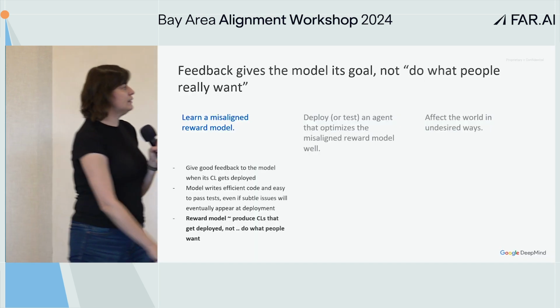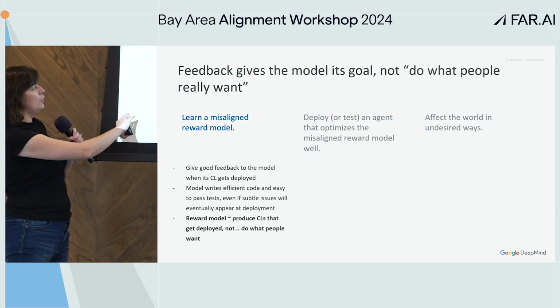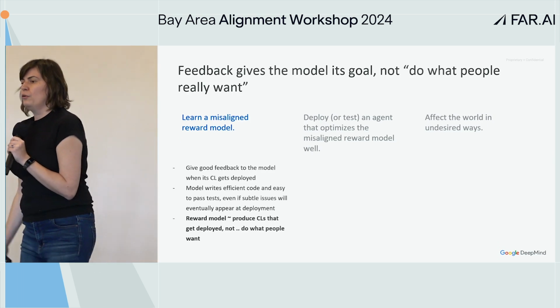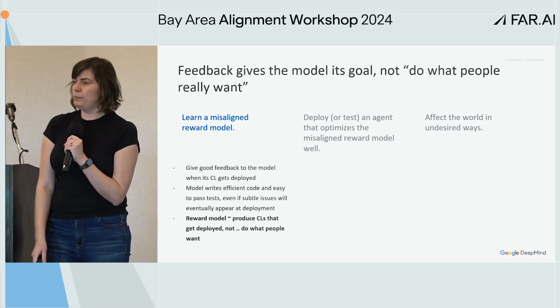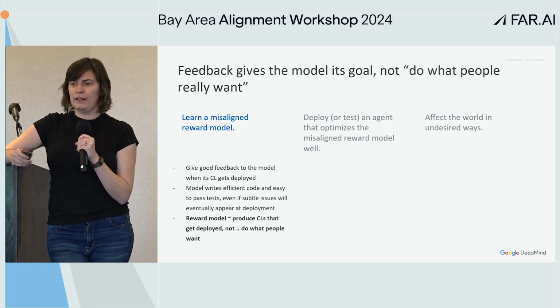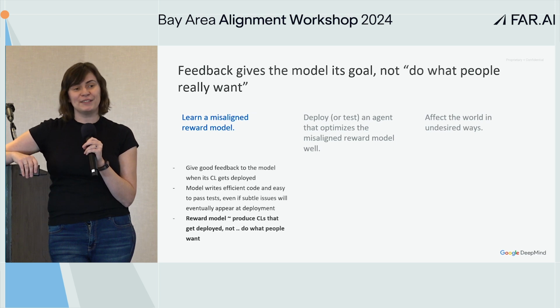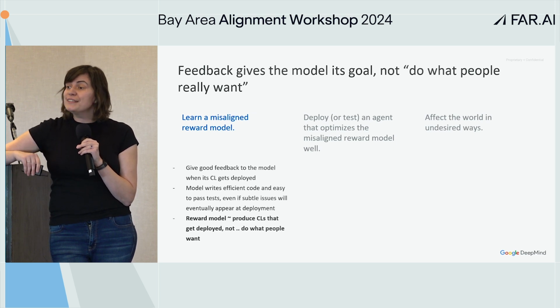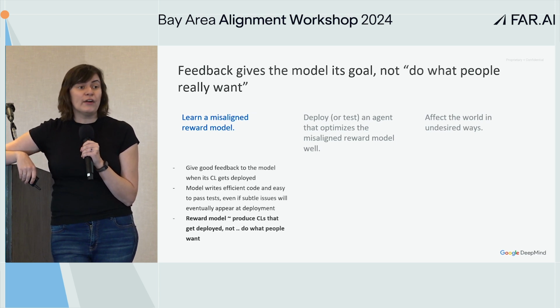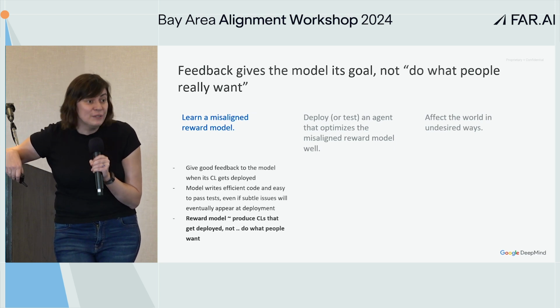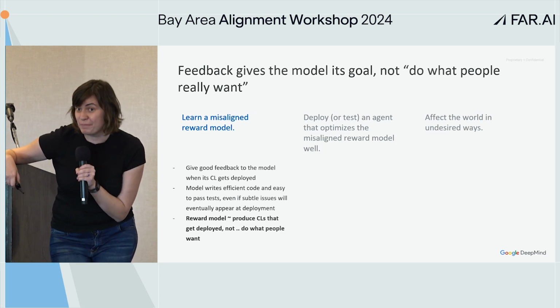So the reward model ends up with getting deployed CLs as a good thing, not the real thing that people want. Now, okay, I'll pause you for a second. For the academics in the room, it might surprise you to know that there are software engineers whose objective is to deploy CLs so they can get promoted.